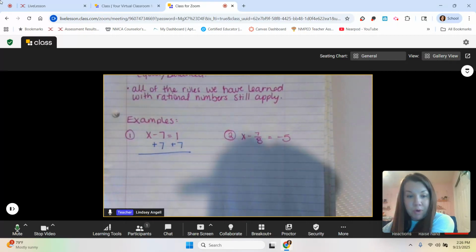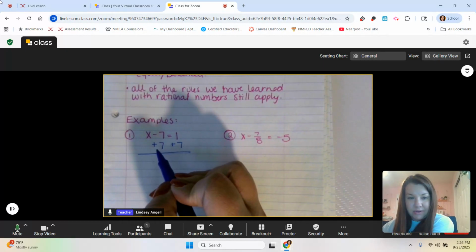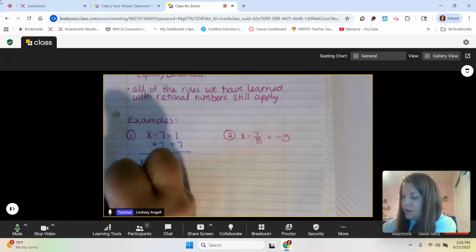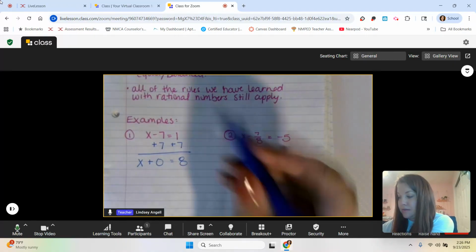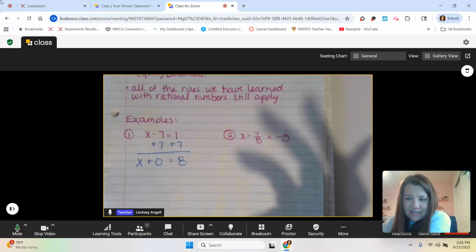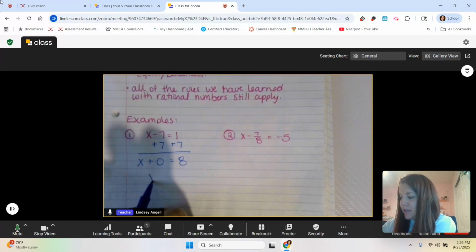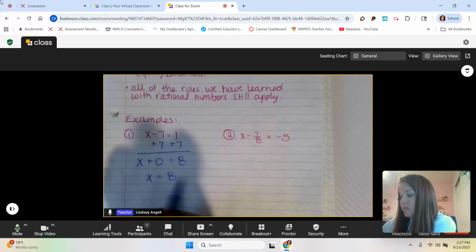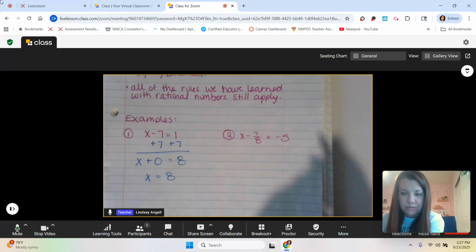I'm going to do it to both sides. What that does is negative 7 plus 7 is equal to 0. So really I could say x plus 0 equals 8, right? 1 plus 7 equals 8, but I could add 0 to anything and I'm still just left with what I originally had. So really, I could just say x equals 8. So that's what I mean by they cancel each other out, okay?